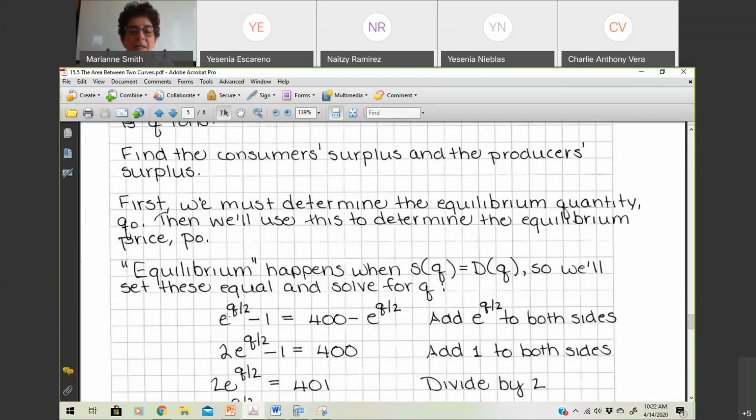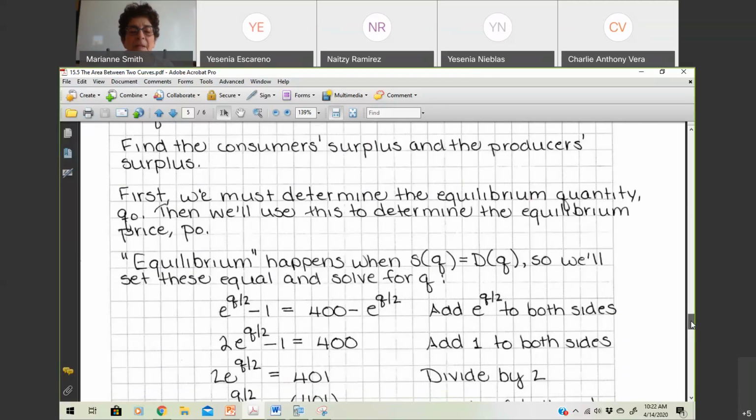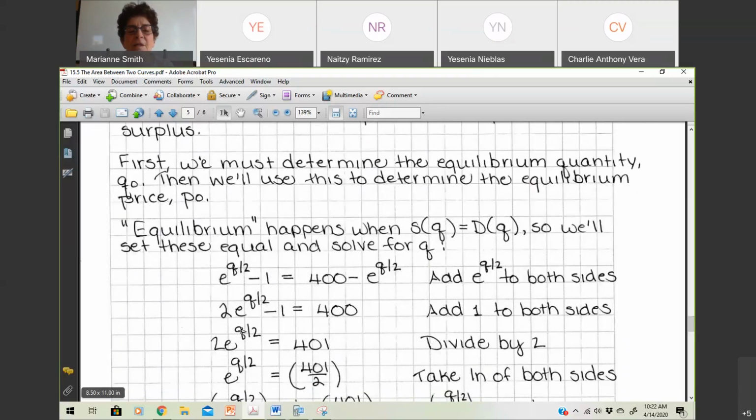It'll be positive when I add it to this side, so I'll have 2e to the Q over 2 minus 1 equals 400. Then I'm going to add 1 to both sides. So now I have 2e to the Q over 2 equals 401. Q things on one side, number on the other.